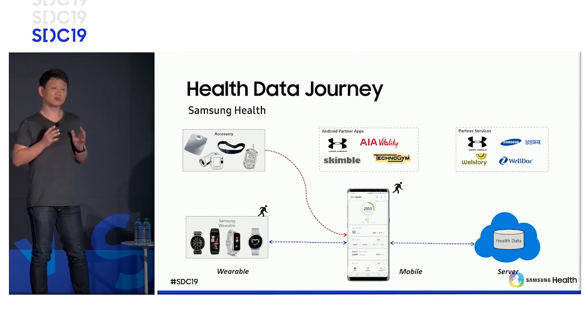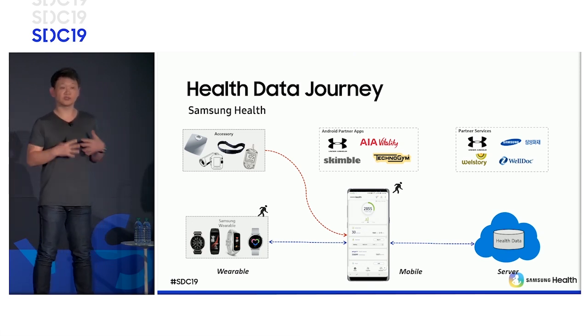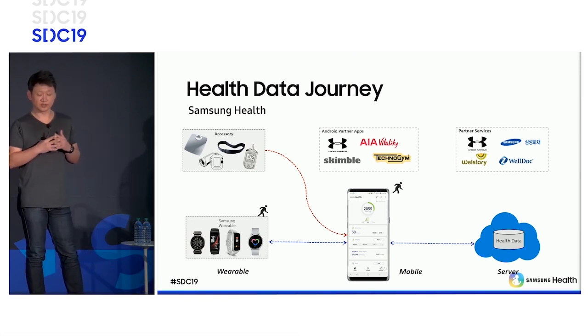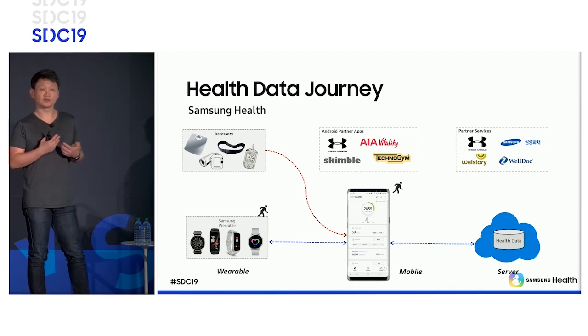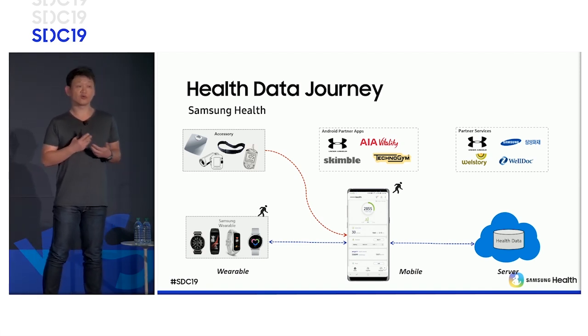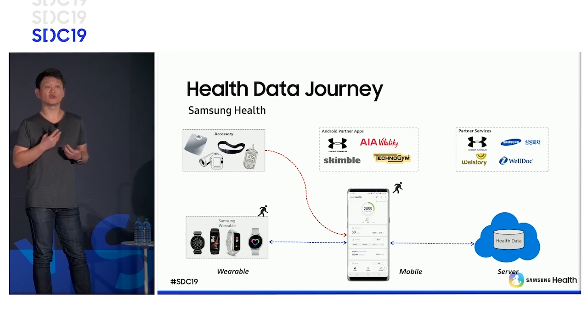Eventually, all the Samsung Health data is synchronized across the wearable, mobile, and server on the Samsung Health data platform. Mobile and server data can be shared with third parties on the user's consent with the Samsung Health SDK. Certainly, the user can recognize which data will be shared during the user consent process.